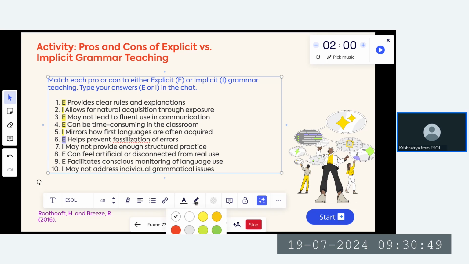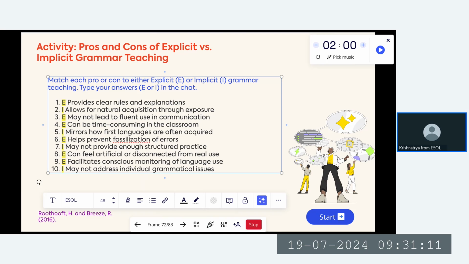Same answers, different answers. How many answers do you have correct? This is very important from today's lesson. Explicit teaching क्या होता है and what is implicit teaching? How many correct, incorrect? 6 correct. That's a good one.